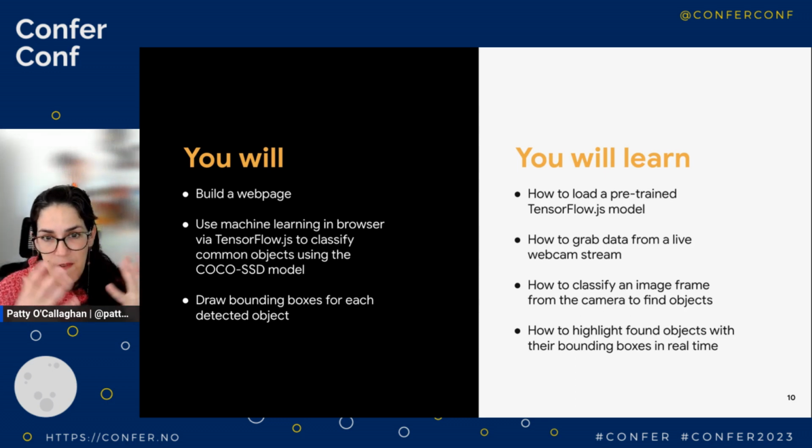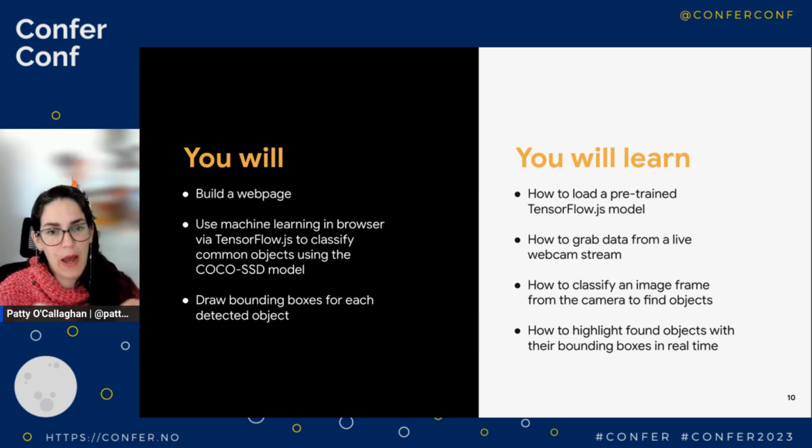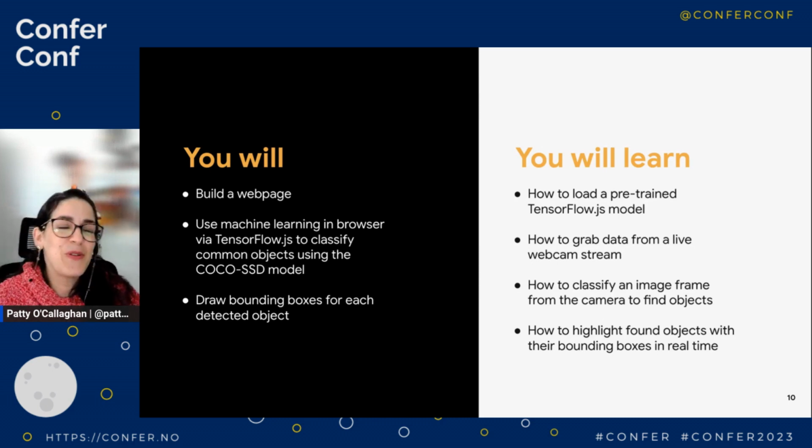We're going to be classifying objects using the Coco SSD model, and then we are going to draw bounding boxes around each of the detected objects. And you will learn how super easy it is to load a pre-trained TensorFlow.js model, how to get the data live from the webcam on your device, how we are going to classify an image from that camera to find the objects, and how we can highlight those objects that were found.